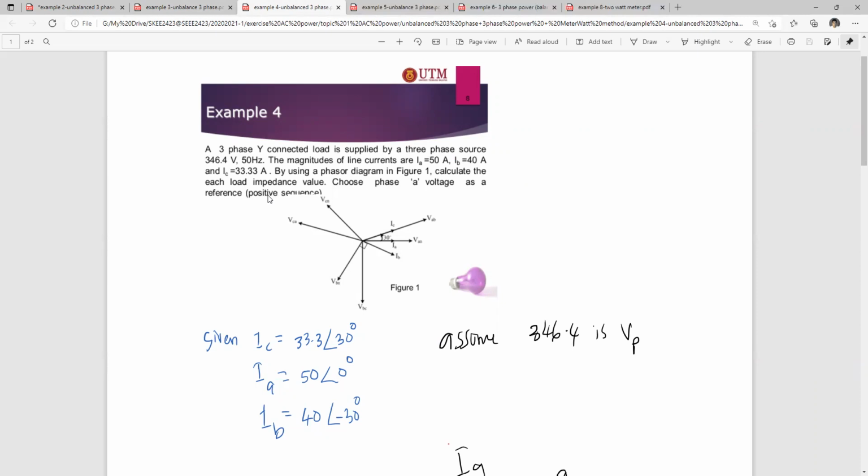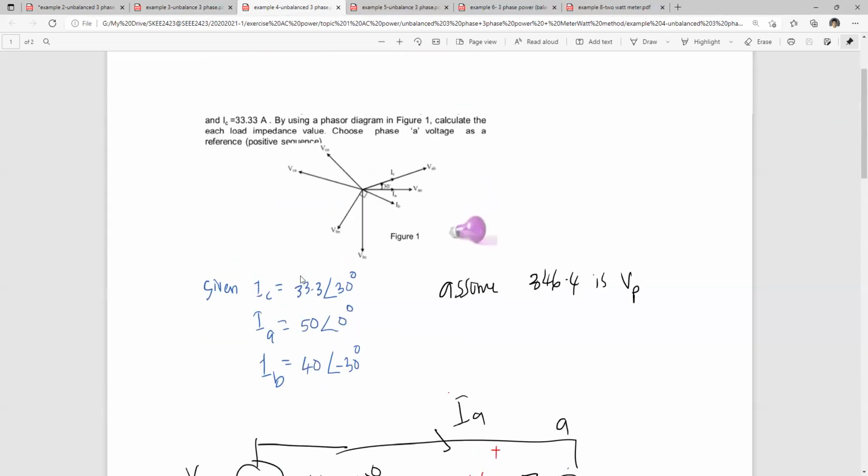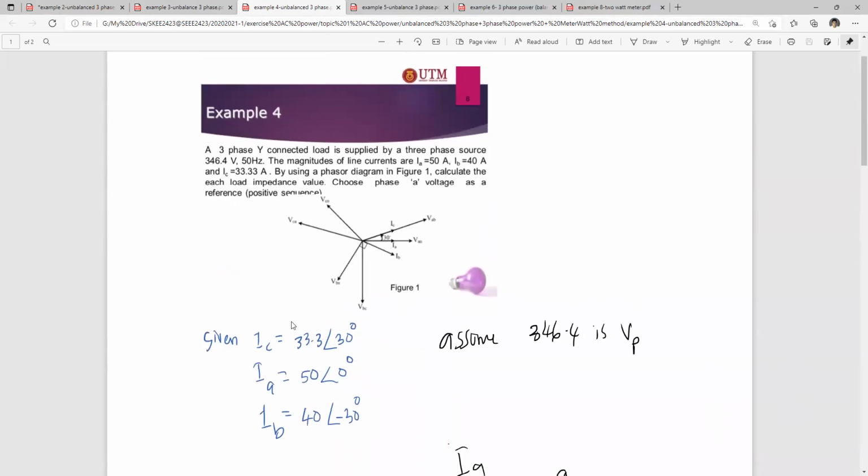The information that we get is the current values and also the angles of the current. This is a Y-connected load, meaning the phase current is the line current. From the phasor here, you can see directly that IC has an angle of 30 degrees, IA is 0 degrees and IB is negative 30 degrees.